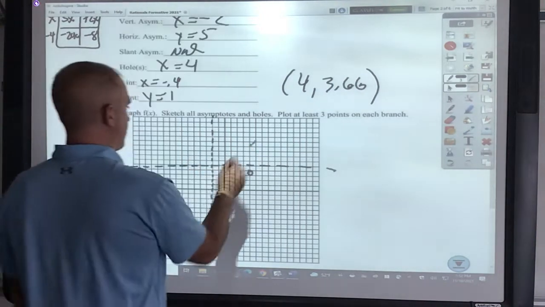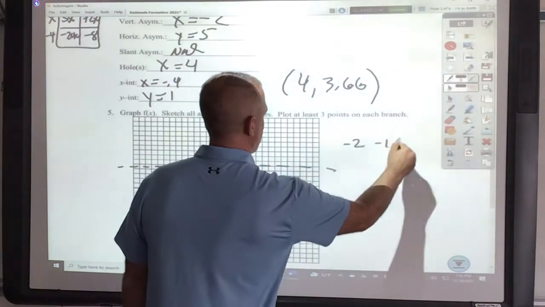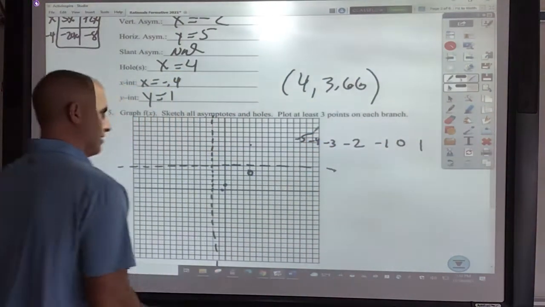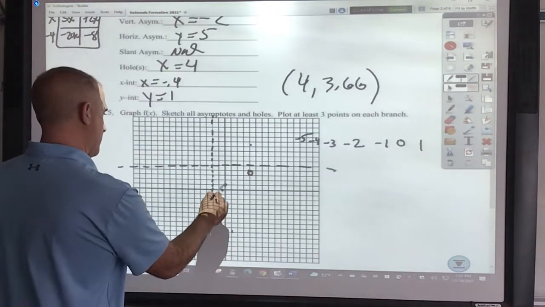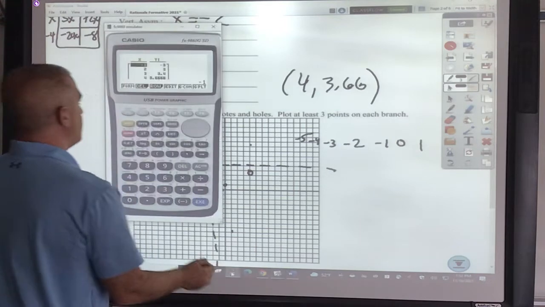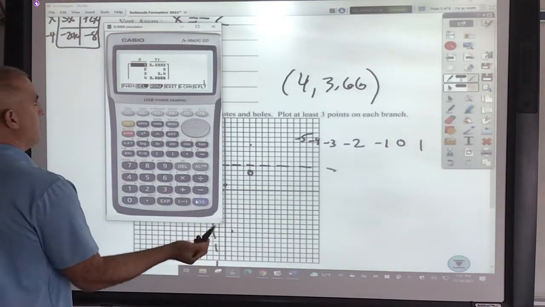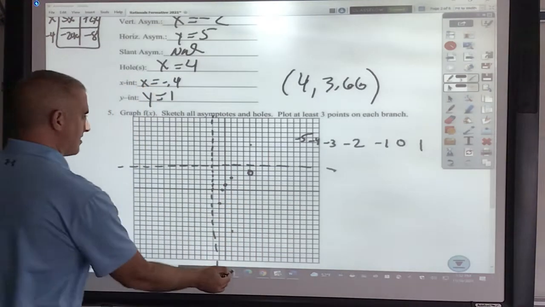Okay, now since my vertical asymptote is at -2, okay, I want to look at -1, 0, and 1, -3, -4, and -5. Okay, so I'll put in -1, I get -3. I put in 0, I get 1, which I already have, and 1, I get 2.3. Okay, so that's that side of it.